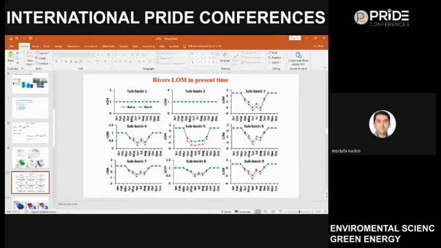As you can see here, the 10% increase in agricultural water use efficiency increases the LOM during these months, because increased water use efficiency leads to reduced water supply and water abstracted from the river.